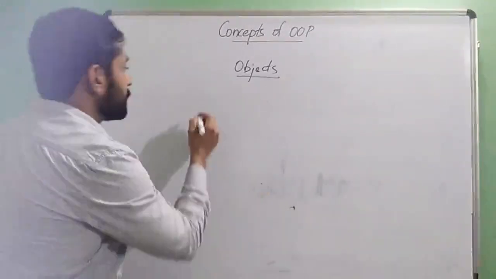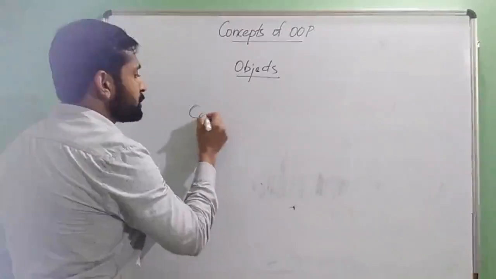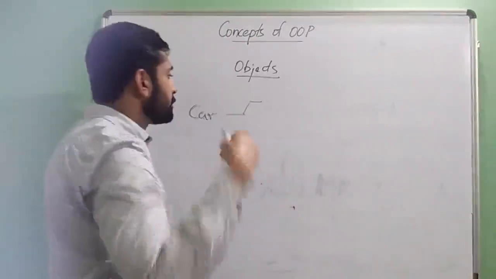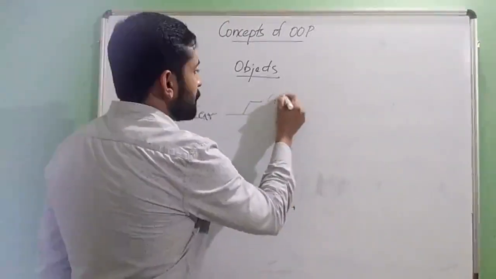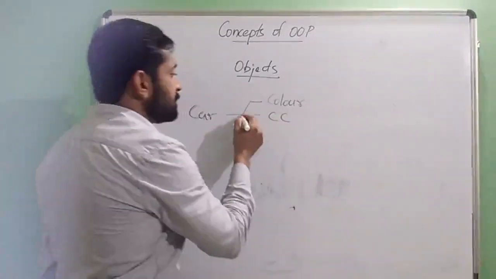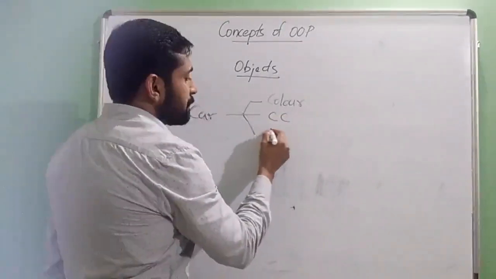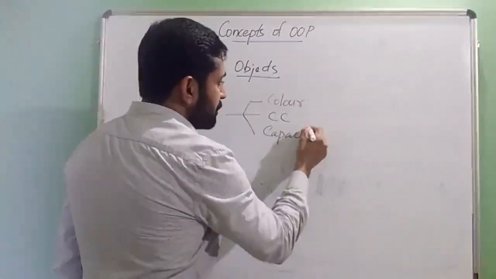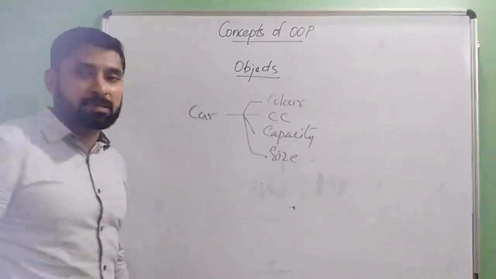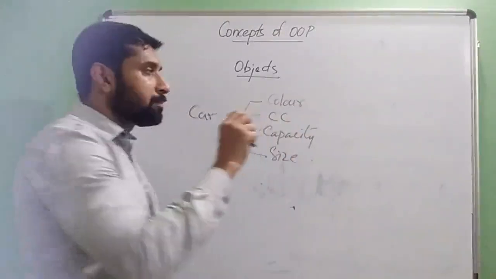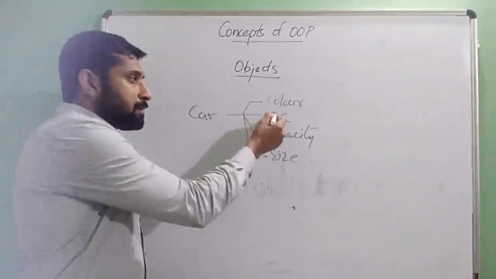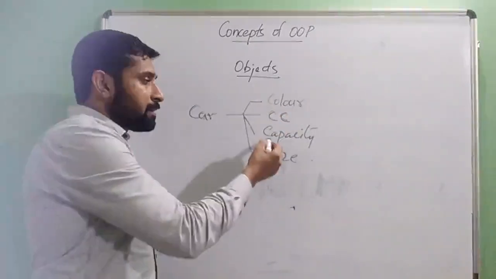See, in the case of a car, a car is an object. A car has its color, its cc, its capacity, its size. All these are the properties. By changing the color of a car, a color can be distinguished. cc may change.